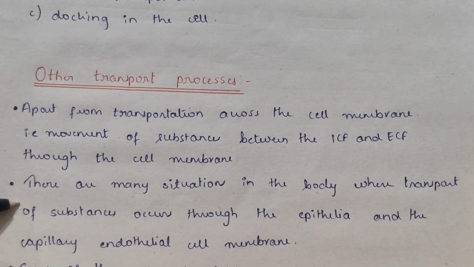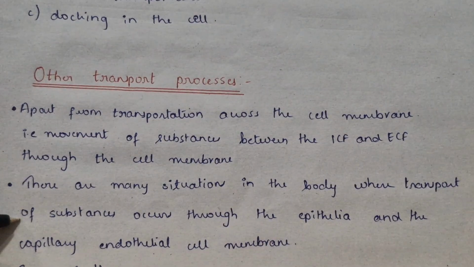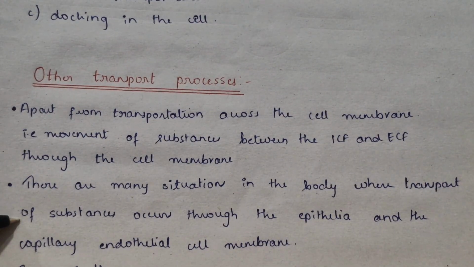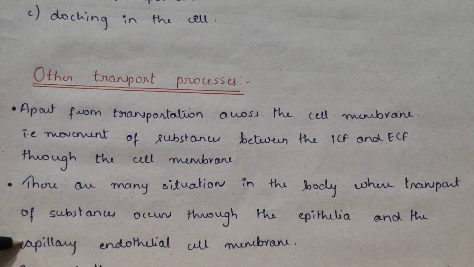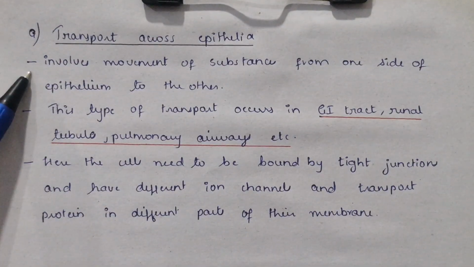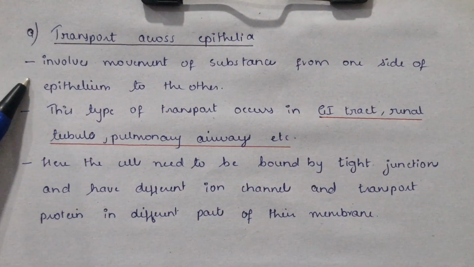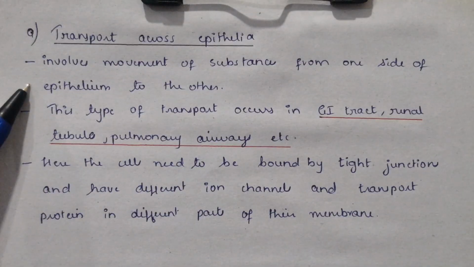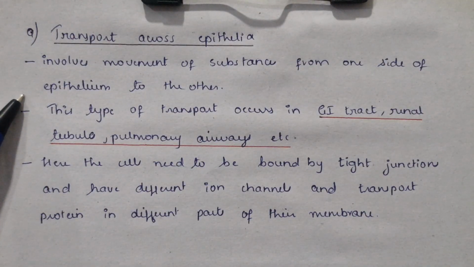There are many situations in the body where transport of substances occurs through the epithelia and the capillary endothelial cell membrane. Some of these processes are: the first one is transport across epithelia, which involves movement of substances from one side of epithelium to the other.